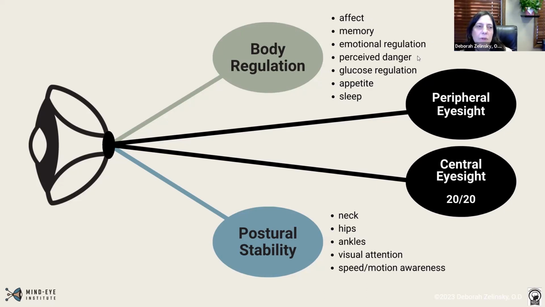There's a link between perceived danger in your amygdala and your appetite and your sleep. All of these centers are linked with the retina, and they're really important because if there's any problems in those signals, that's your how am I. And if you're not feeling well, then your executive functions, your memory and your thinking and your decision making is way worse.